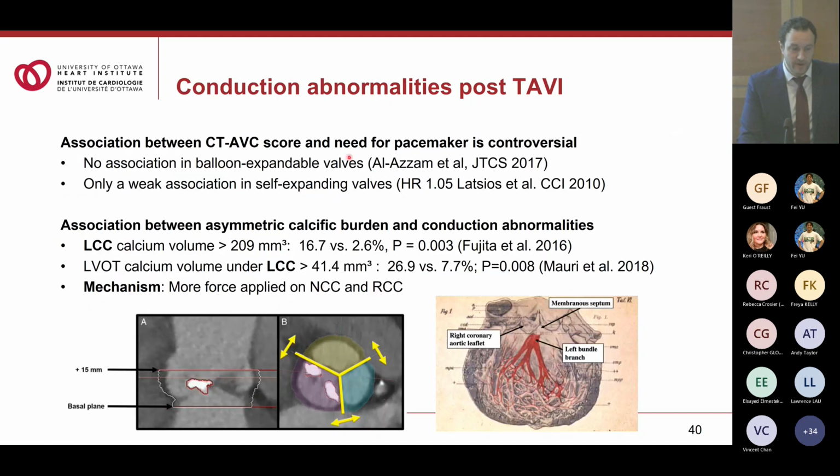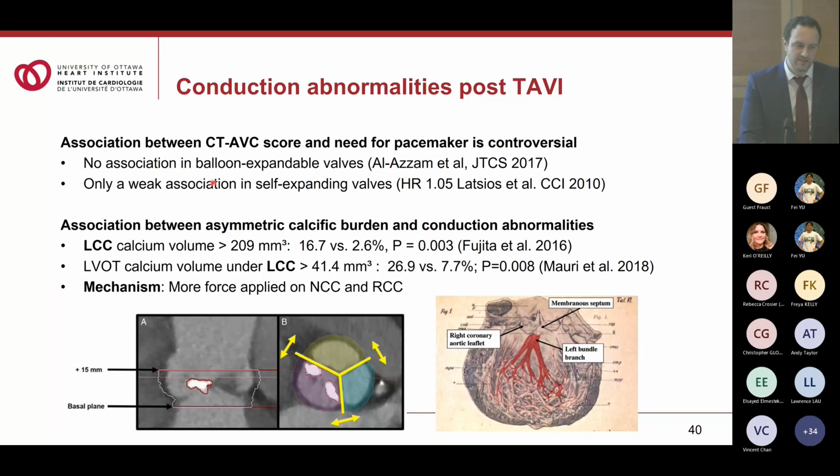Now, conduction abnormalities. As we know, about 5 to 15% of patients who undergo TAVI will then have a conduction abnormality that will develop and may require a pacemaker to be implanted. So the association between the aortic valve calcification and pacemaker implantation is somewhat controversial.